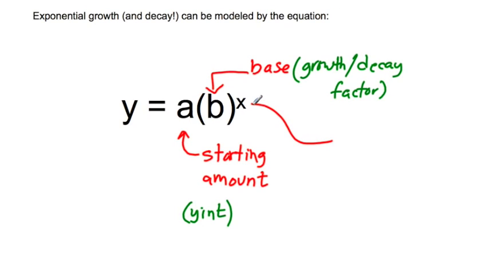Finally, we have the exponent, and that refers to the interval period: after how many years, after how many months, and so forth, that the item is growing. So let's go ahead and put this all together in an example.